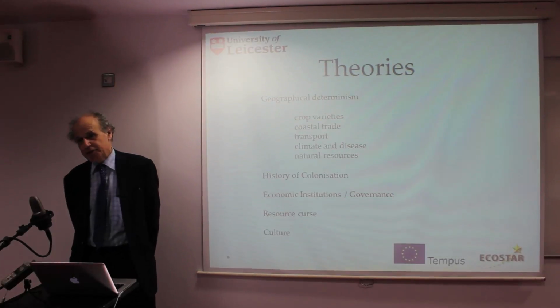So there's aspects of geography which we'll look at. Some people would say that it's the history of colonization that has kept Africa in particular poor. There are others who put this down to poor governance, corruption, and so on. There's something called the resource curse, which I'll come on to, and there are aspects of culture that we'll do briefly.